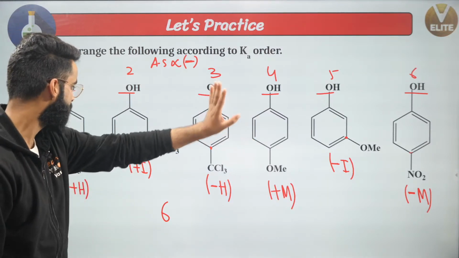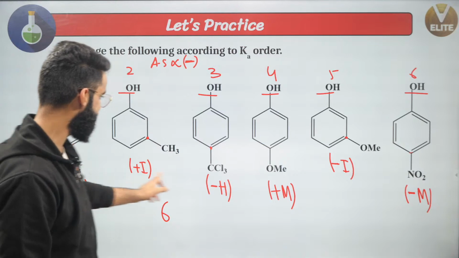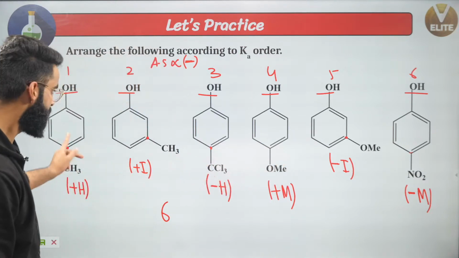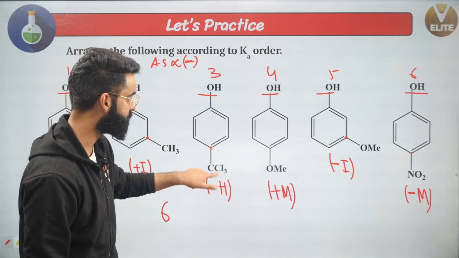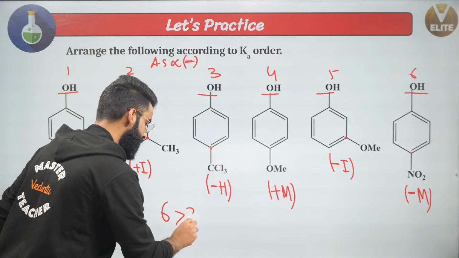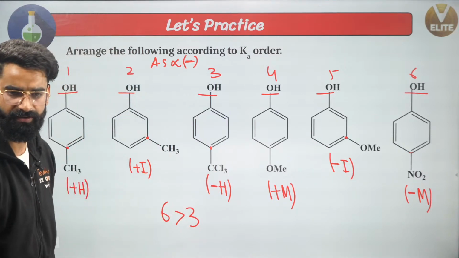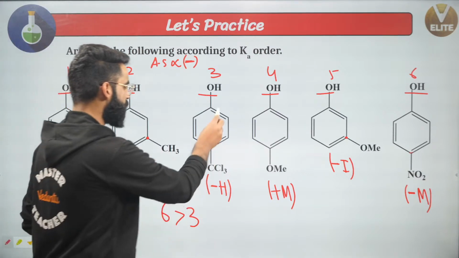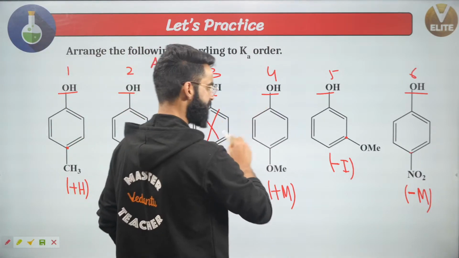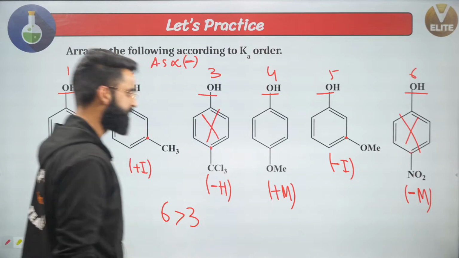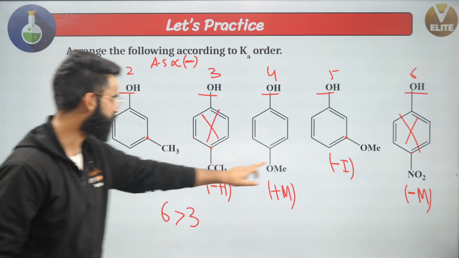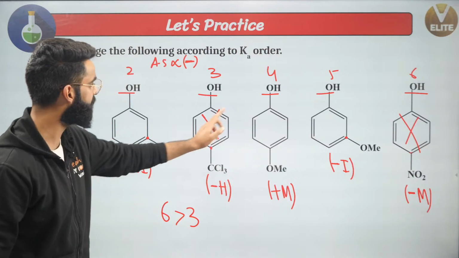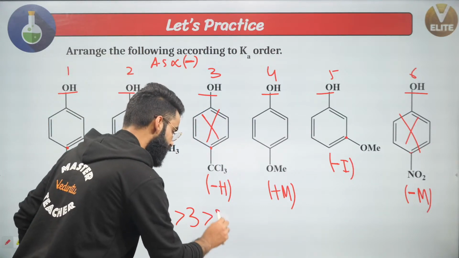So minus M, leave it aside. Do we have minus M apart from this? No, we do not. Do we have minus H somewhere? Yes, we have minus H over here. So it's going to be the third one, right? The second priority is given to the third one. So I'm done with minus M and I'm done with minus H. Now, this one is showing minus I. This is the fifth one, so after the third, the fifth one is going to come.